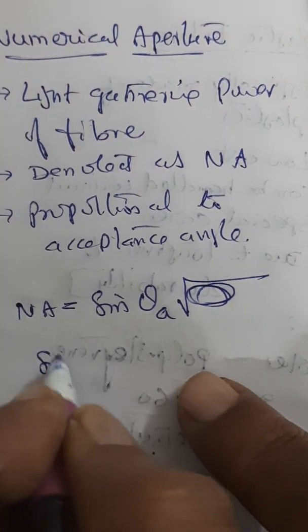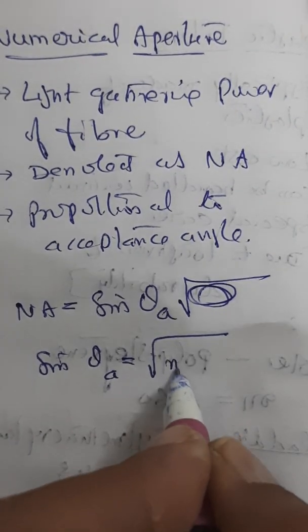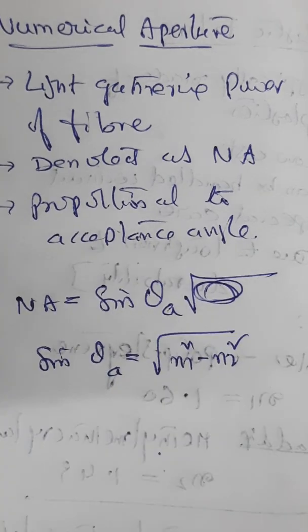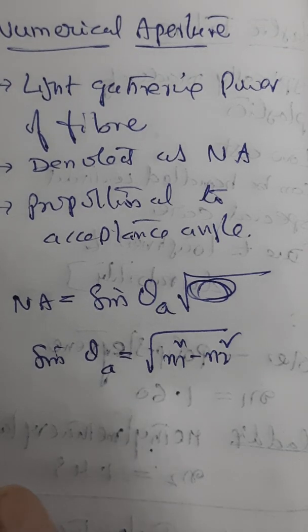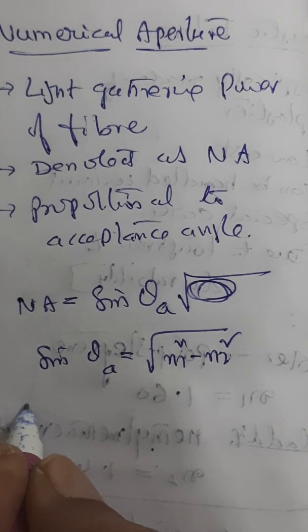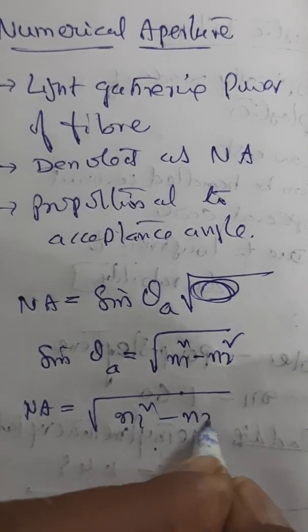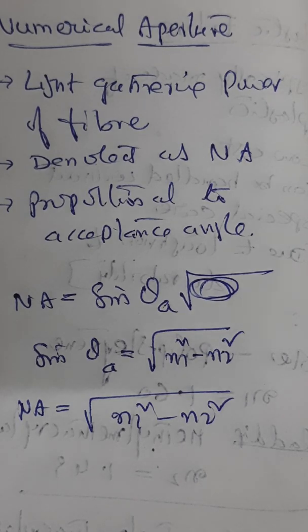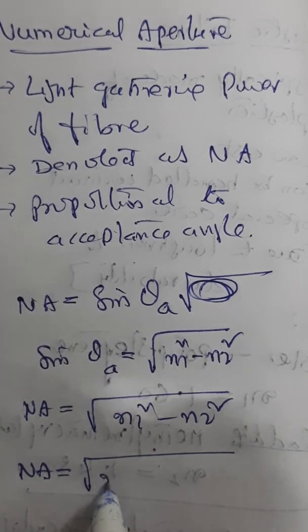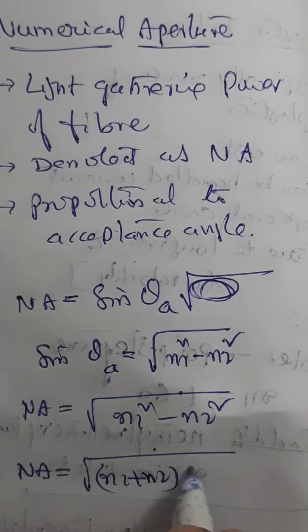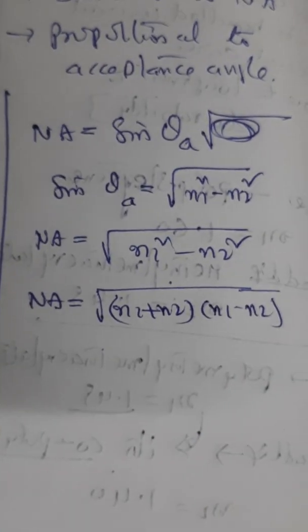Sine theta A is equal to the square root of n1 square minus n2 square. So therefore, you can write numerical aperture as square root of n1 square minus n2 square. You can expand this like this: square root of n1 plus n2 into n1 minus n2, because it is a square minus b square, therefore you can write it as a plus b into a minus b.